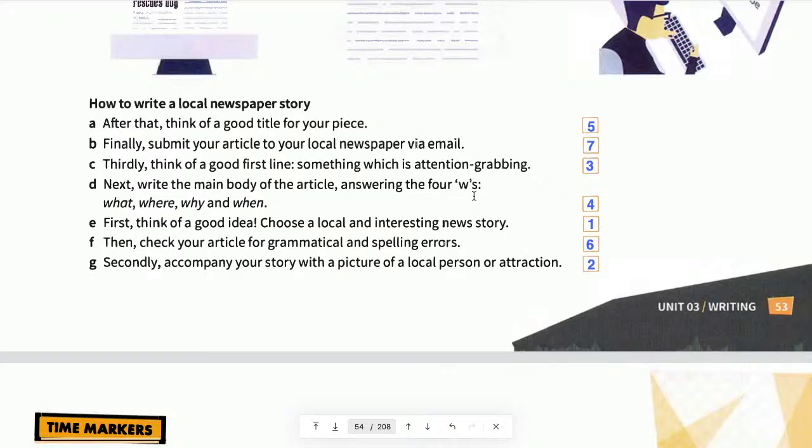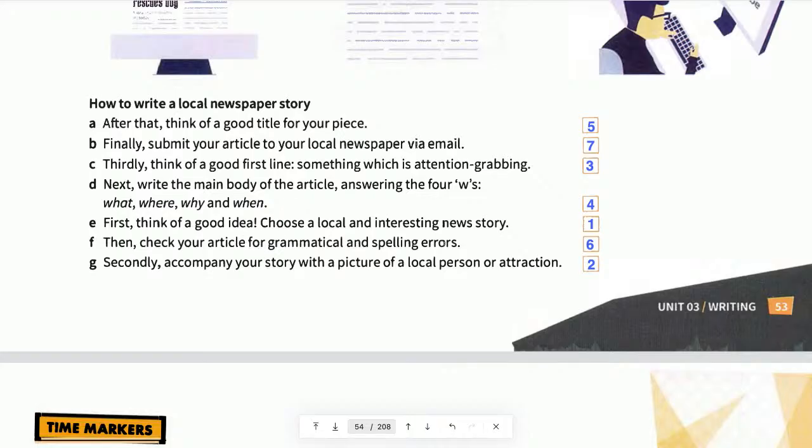W questions. Something like what, where, why, and when. Okay? So just like normally when I often tell you when you do speaking or something, just remember some very common questions like who, what, where, when, why, how, something like that, right?